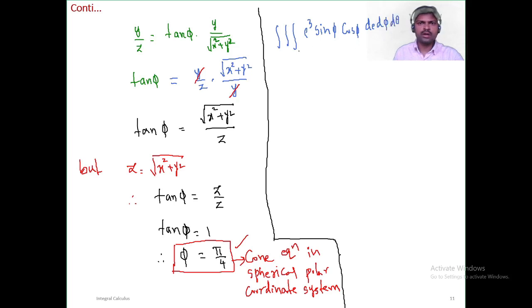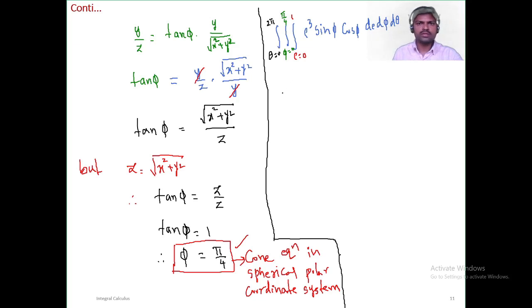Okay, and since all are independent, I am doing first with respect to rho from 0 to 1. Okay, and after that let me proceed with phi. So phi is from 0 to pi by 4, and after that I would proceed with respect to theta. So theta from 0 to 2 pi.